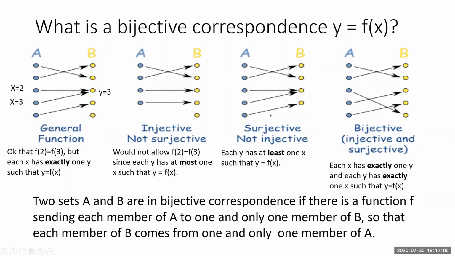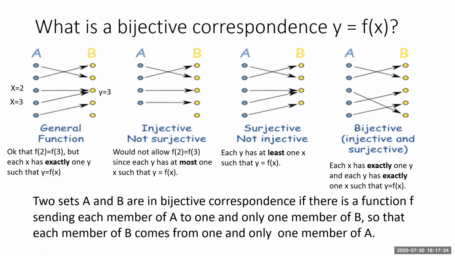But a surjective function cannot have that. Each y value has at least one x, such that y is f of x. So injective, y has at most one x. Surjective, y has at least one x. And bijective is just both. So each x has exactly one y, and each y has exactly one x. And that's a one-to-one correspondence.